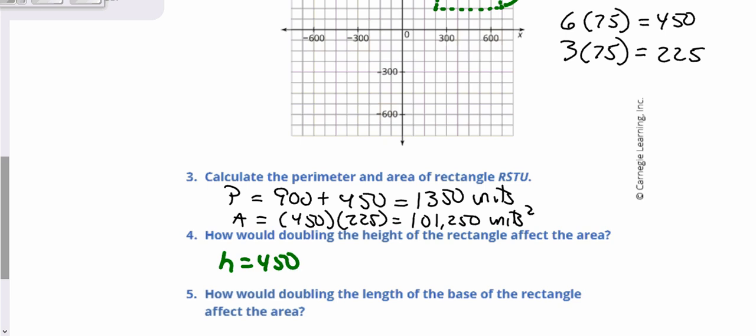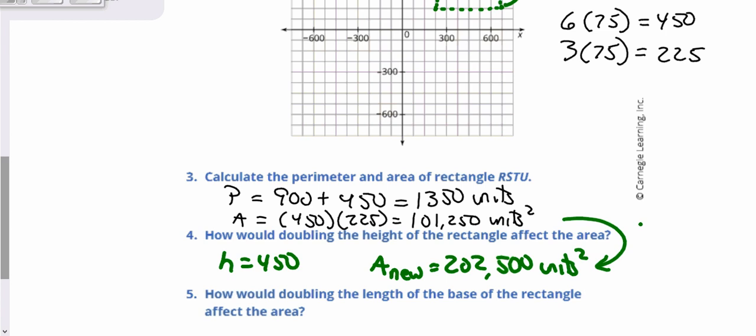And if I take my previous length, or my base, times my height, 450 times 450, I get my new area to be 202,500 units squared. So basically, doubling the height, I have now doubled the area.